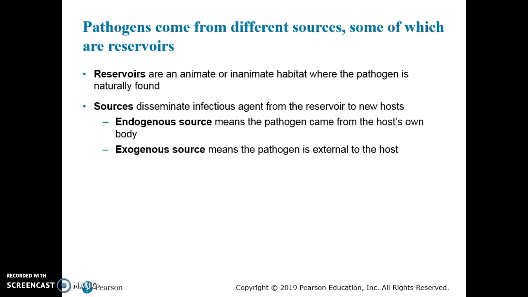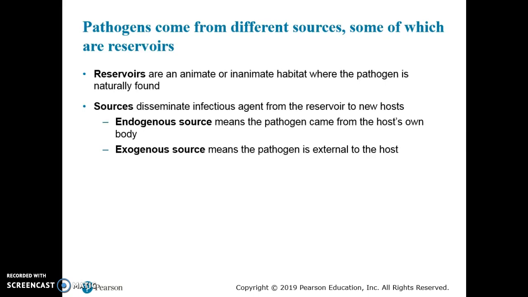So with the endogenous source, a lot of times when individuals develop urinary tract infections, often those are caused by E. coli, and E. coli is a major inhabitant of our intestinal tract.